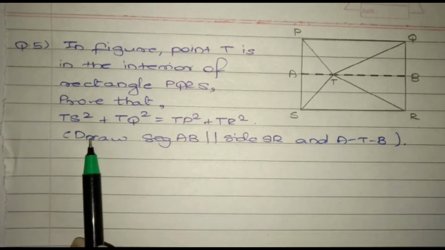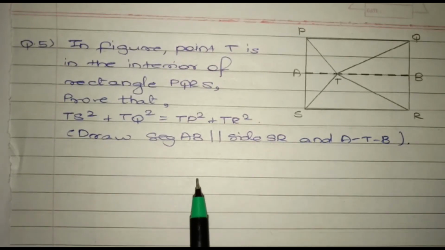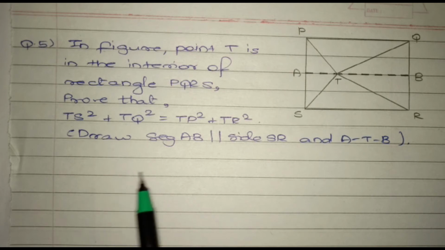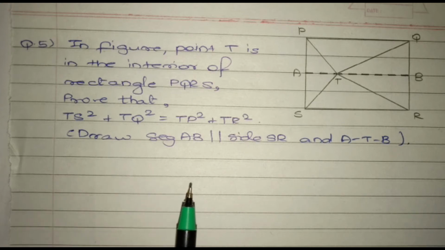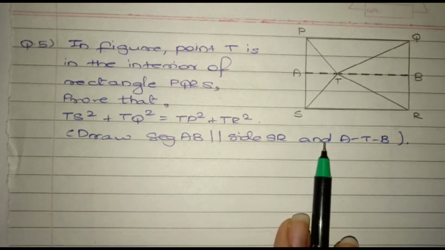Now this question has two solutions, one which is using Pythagoras theorem and the second solution is using applications of Pythagoras theorem. But the first one, that is using Pythagoras theorem, is the simplest solution. If you want the solution using applications of Pythagoras theorem, you can ask me in the comment section. I am going to solve the simple solution, that is using Pythagoras theorem.